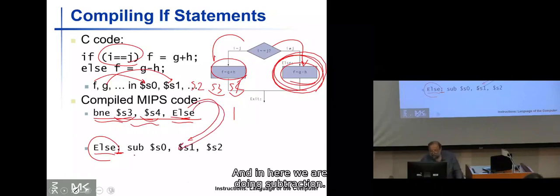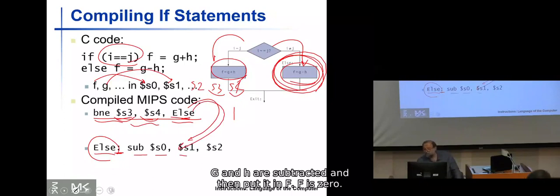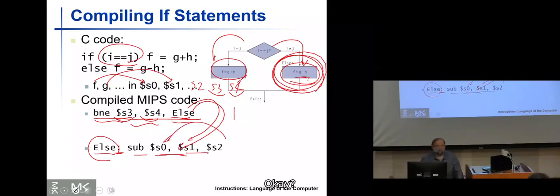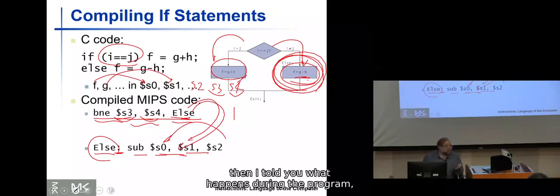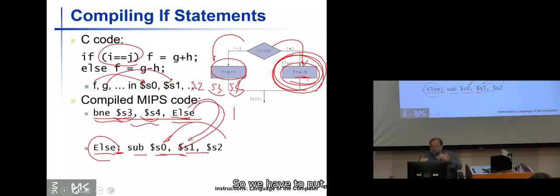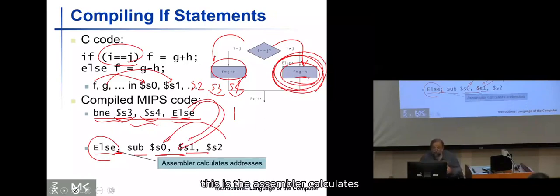And in here, we are doing subtraction. g and h are subtracted, and then put in f. f is S0. Okay? So if it is not equal, that is what happens. The assembler calculates the else location and puts it there. We will see it. And this is the other pass.